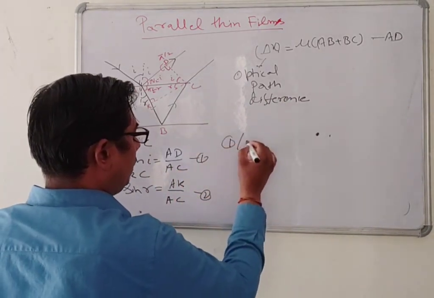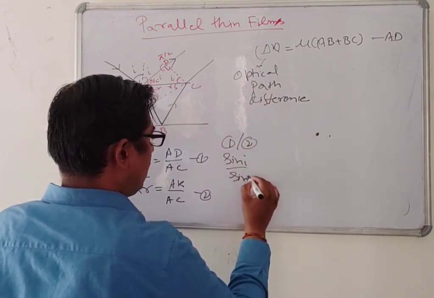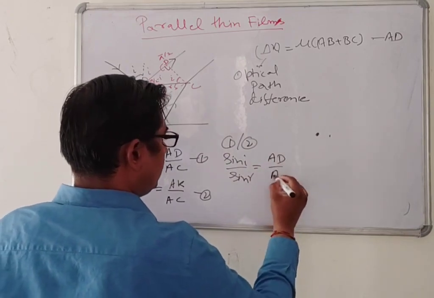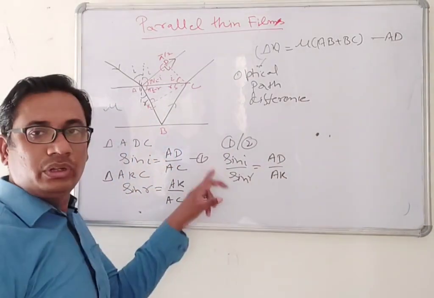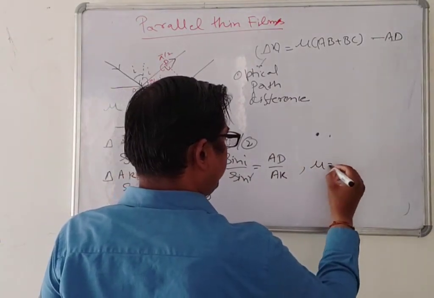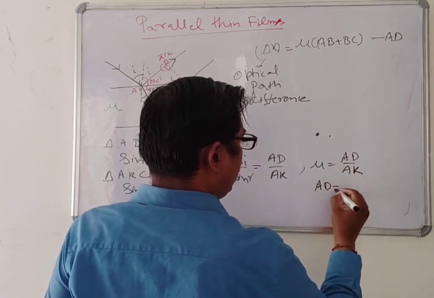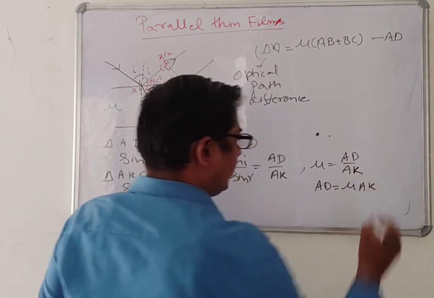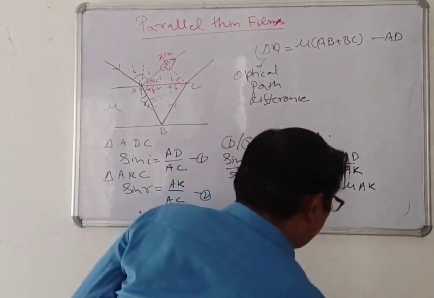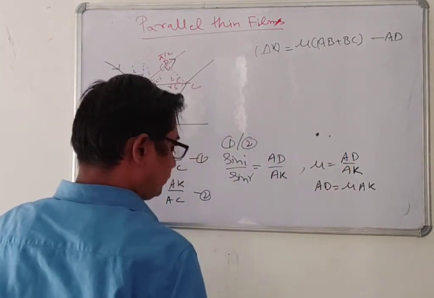Now equation 1 divided by equation 2: sin I upon sin R gives AD upon AK. You know the ratio of sin I to sin R is equal to mu. It means that mu is equal to AD upon AK. Now AD is equal to mu AK. You know that the optical path difference is equal to this one.